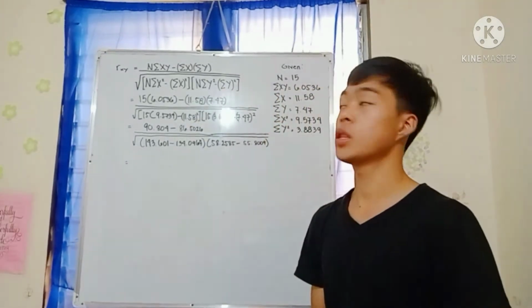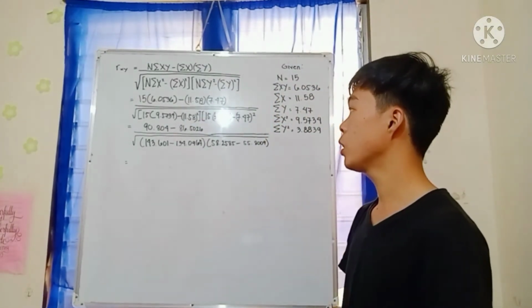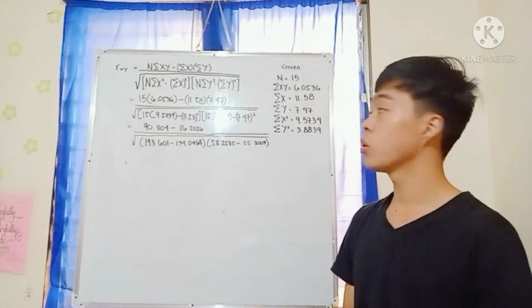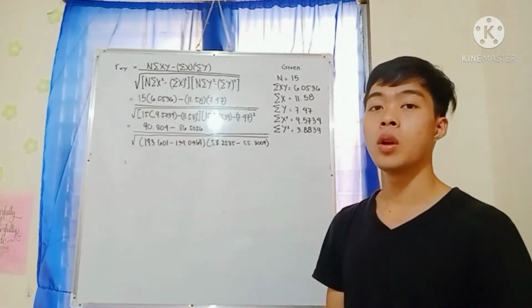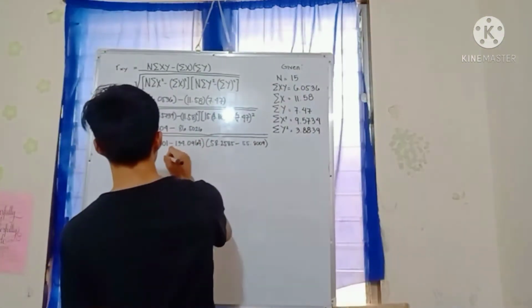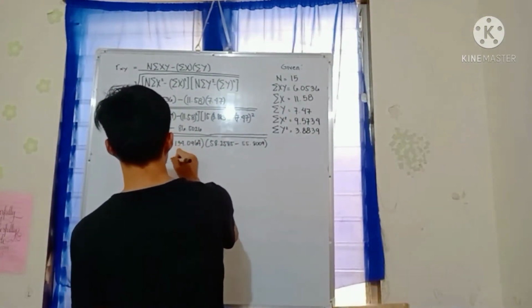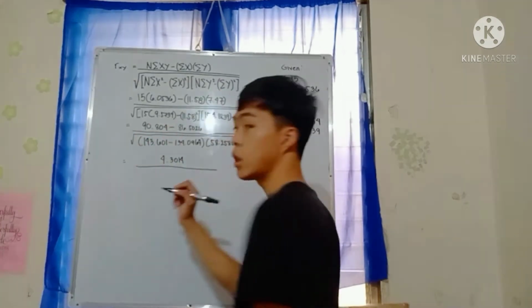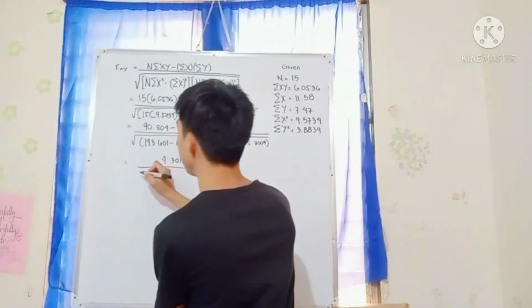After that, we will subtract: 90.804 minus 86.5026 is equal to 4.3014. Over, then you will copy the square.